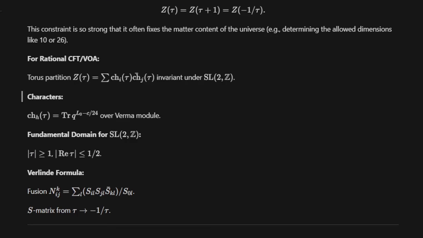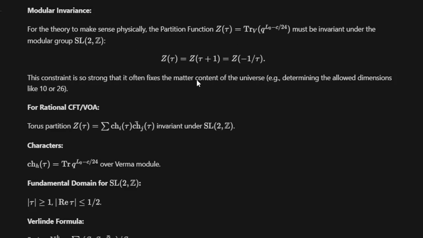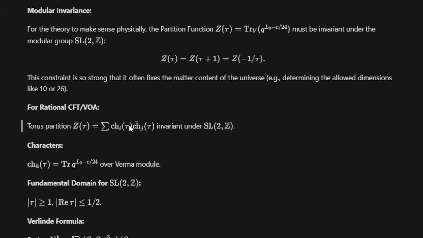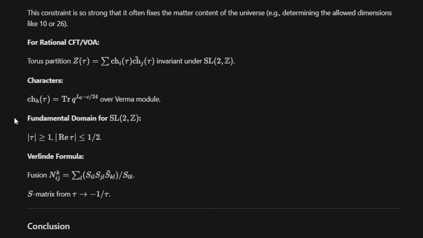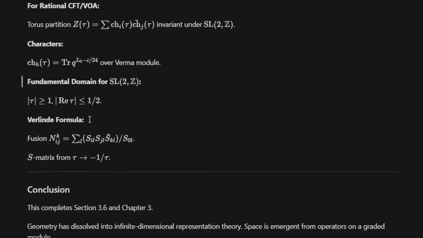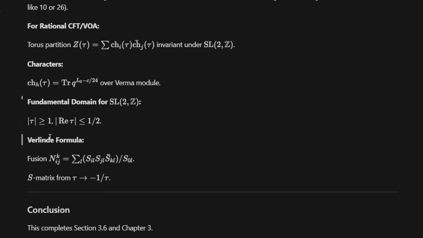So we can look at rational conformal field theories and vertex algebras. A torus partition function can then just be the sum of the characters of the particular tori, and this also is invariant under SL(2,Z). Characters are equal to their traces over the Verma module, and the fundamental domain for the special linear group on the integers is that the modulus of tau is greater than or equal to 1, and the real part of tau is less than or equal to 1/2.